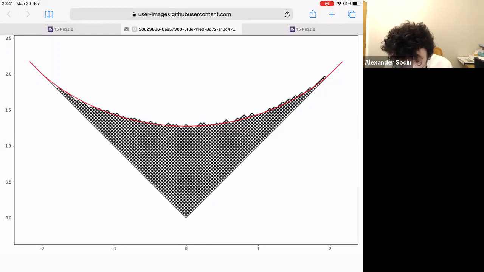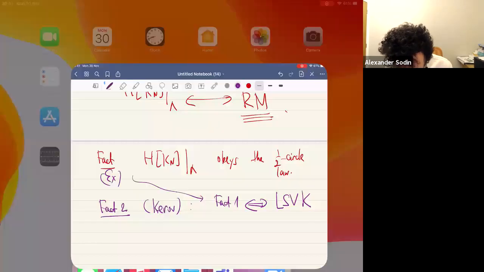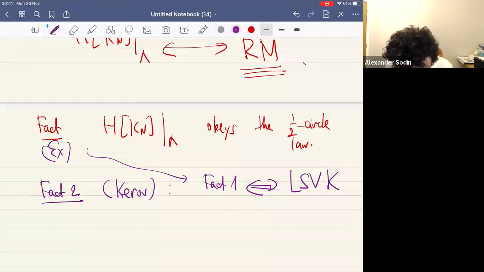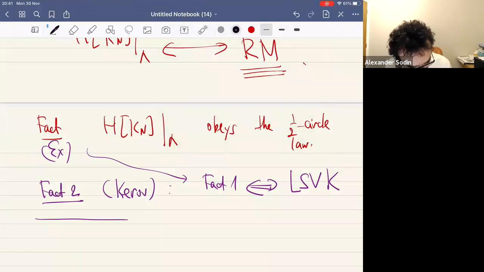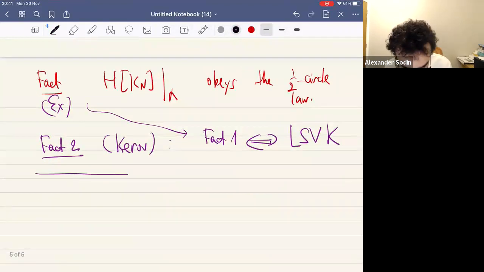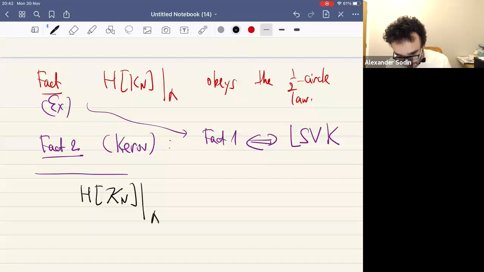Okay, so this is the end of the digression, and returning back to our story. We have this operator h of Kn, which we can restrict to a random representation.